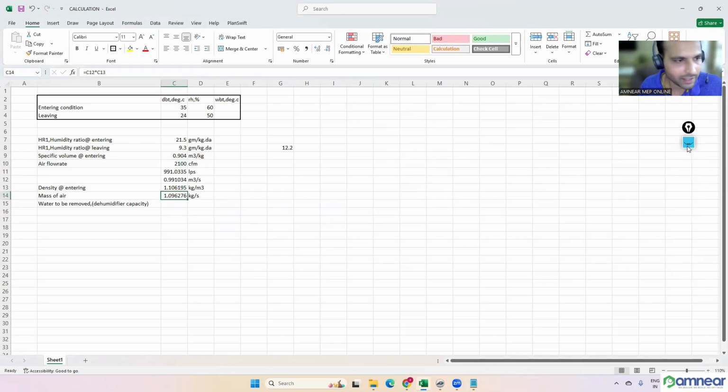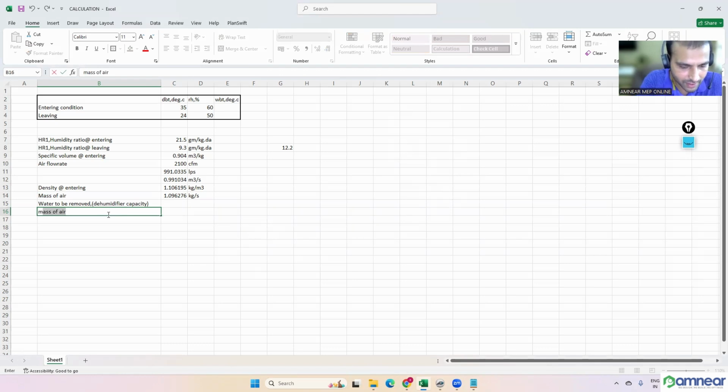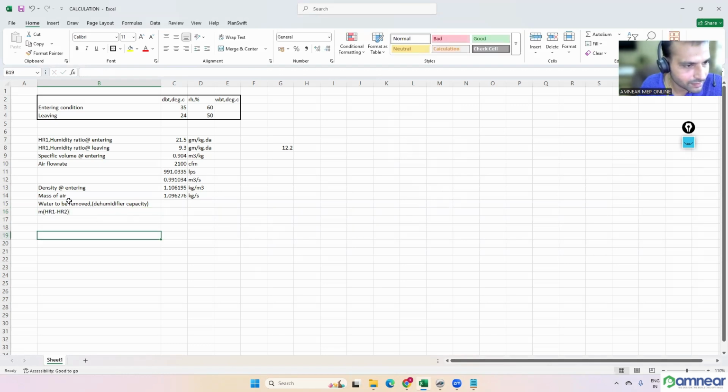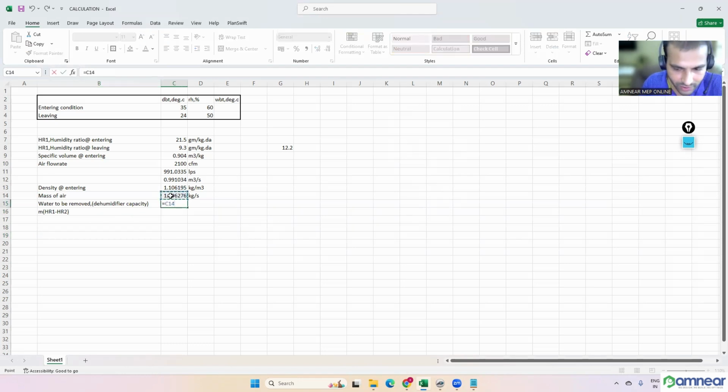Now the water to be removed is equal to mass of air into humidity ratio at entering condition minus humidity ratio at leaving condition. So we know mass of air, into humidity ratio at entering condition, 21.5, minus humidity ratio at leaving condition, 9.3.